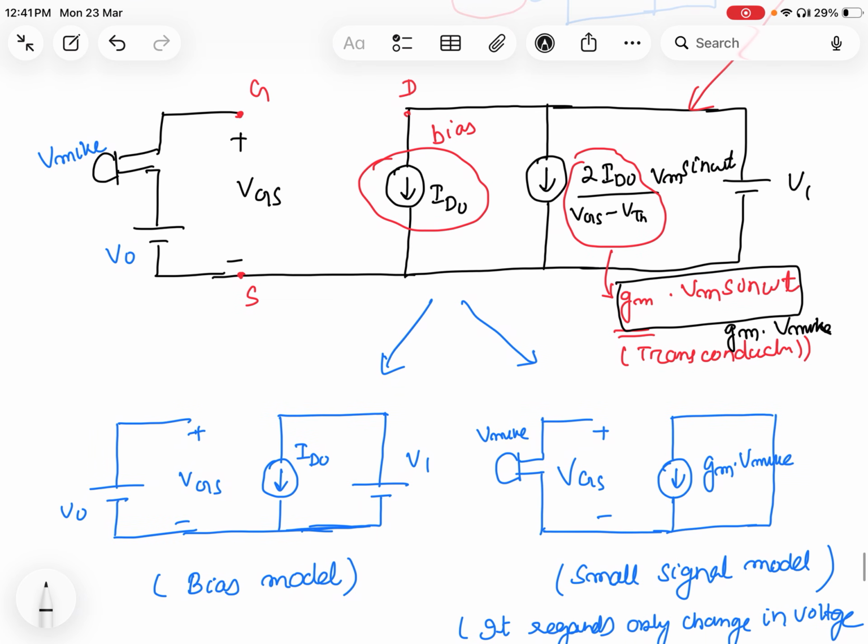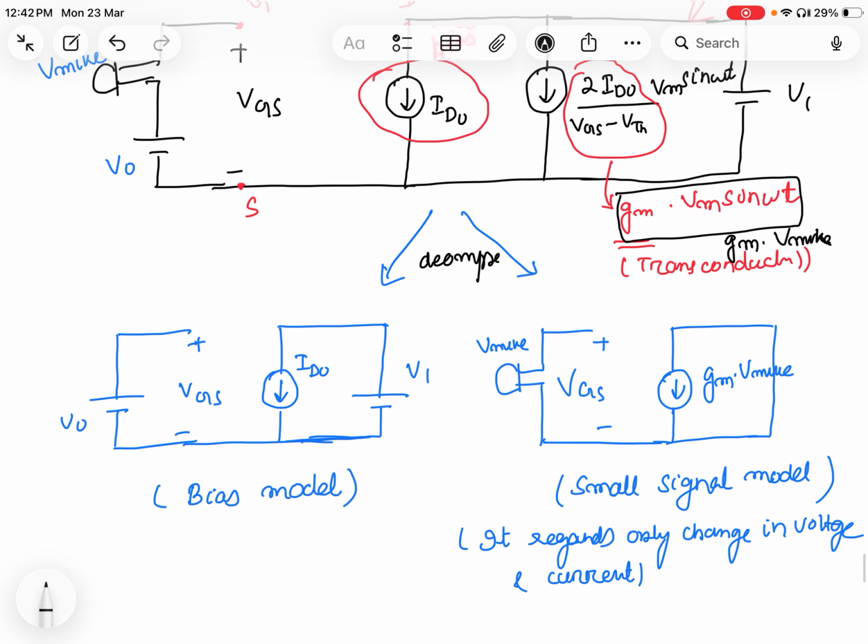Now again I will decompose the same circuit. You can see here I got a model due to the bias current, where the input is V0 and the current is only ID0, and for the small signal I am providing the input as only the sinusoidal signal Vm, and I am getting the current which is nothing but Gm into Vm.